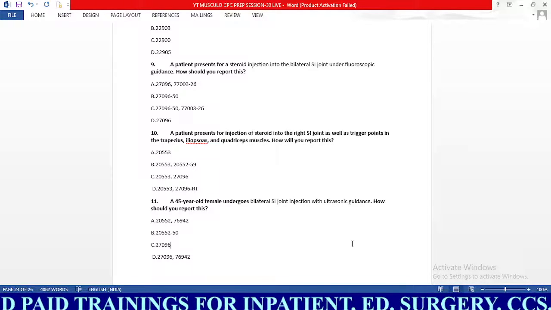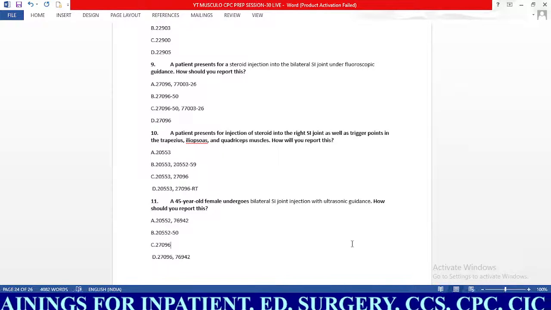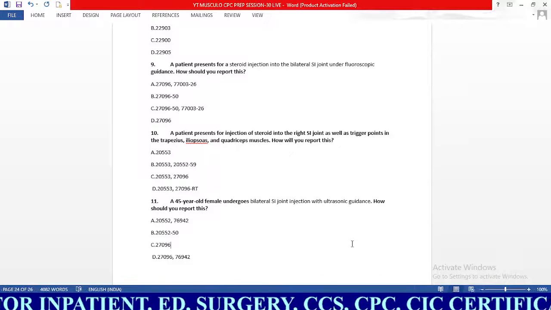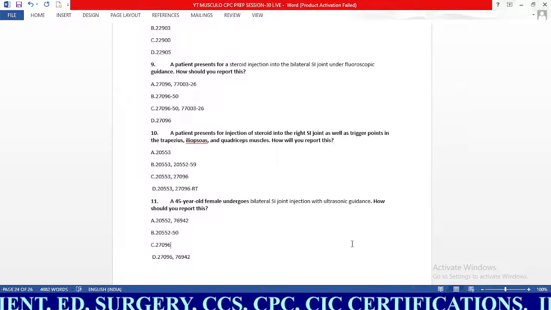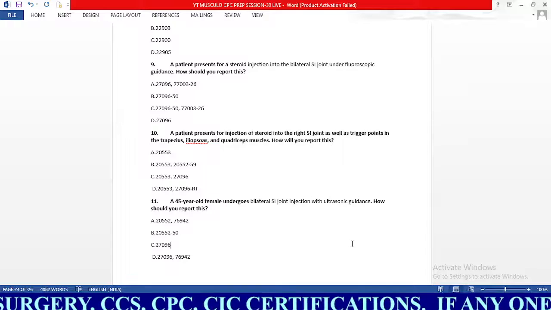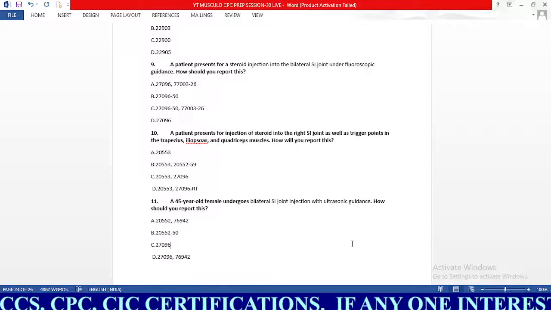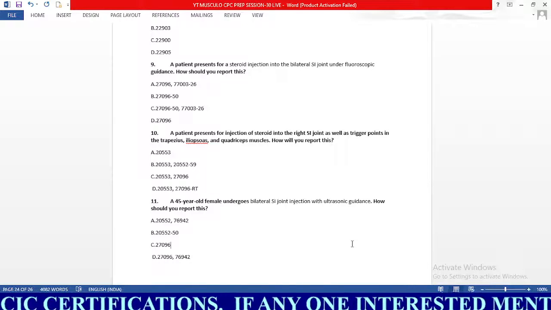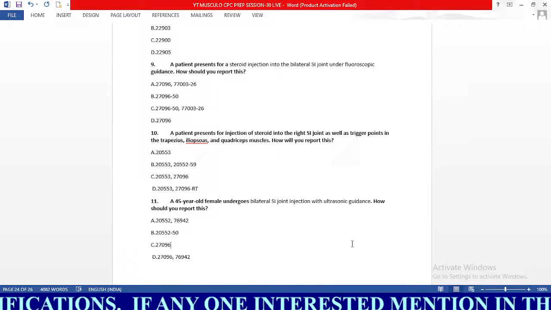So we will check 27096. If you check 27096, injection procedure for sacroiliac joint, anesthetic or steroid, with image guidance, fluoroscopy or CT, including arthrography when performed.